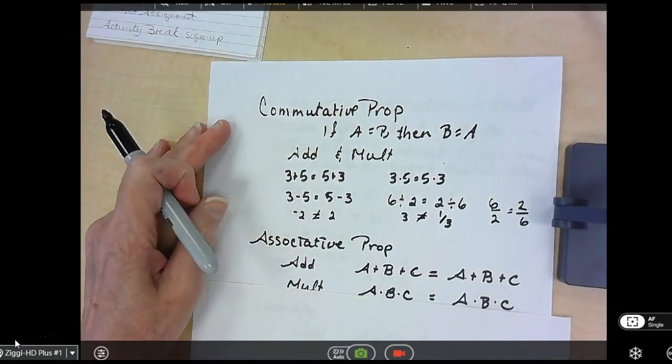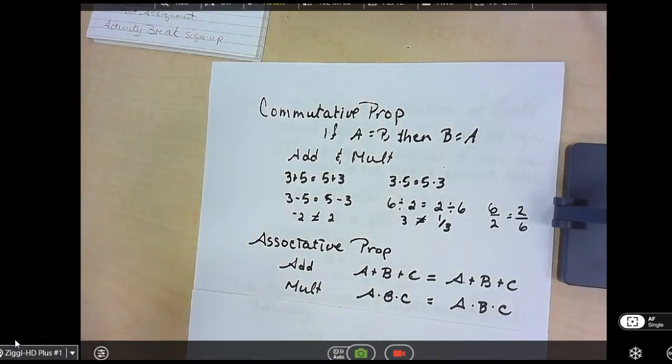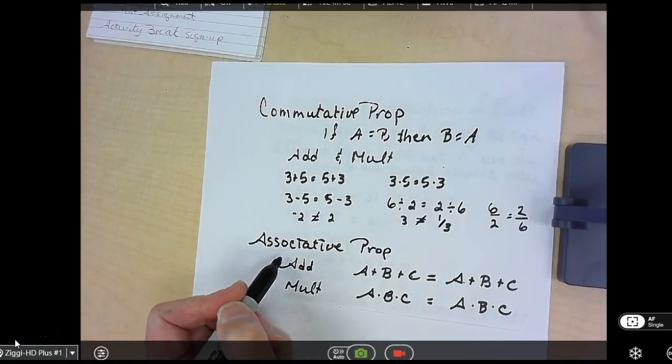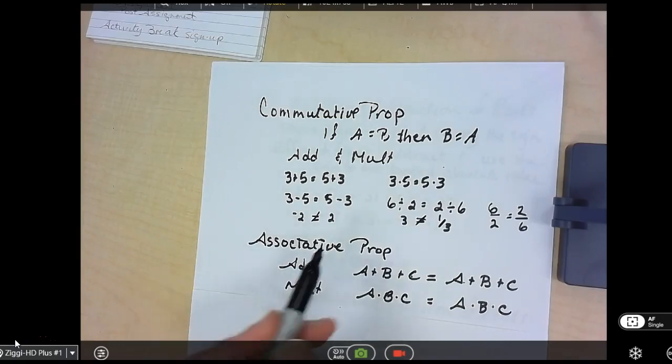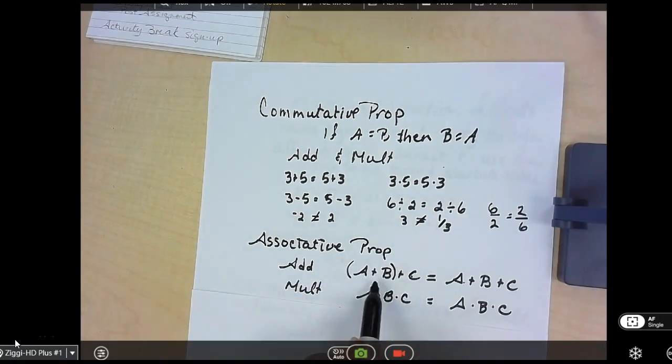If we look at associative property, what associative property is, it is a regrouping of things. So in addition, if we have 3 numbers added together, we could group A plus B, add those together first, then add C. And that would equal A plus, if we added B plus C together, then added the A. We would remain equal.